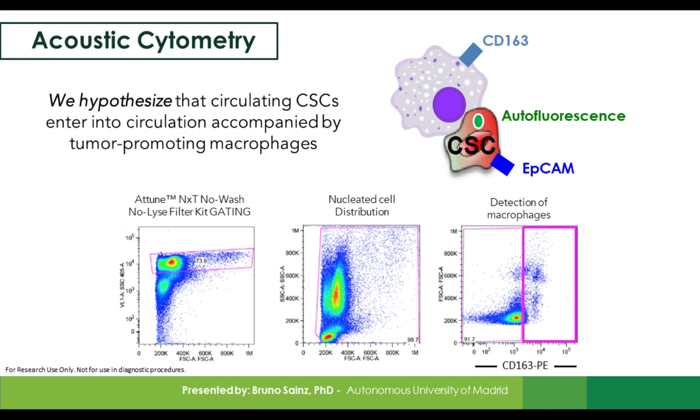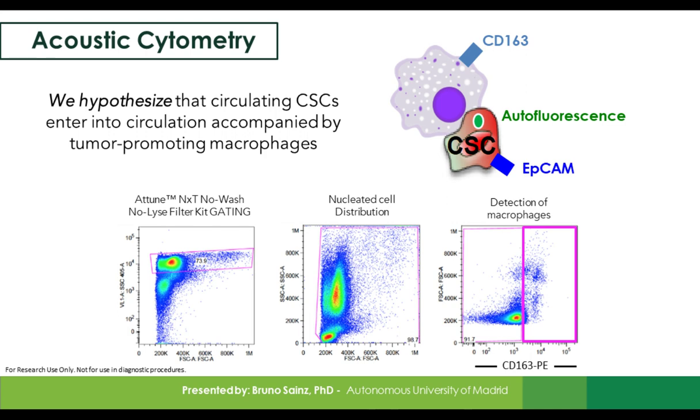So our main hypothesis, therefore, is that circulating cancer stem cells enter into circulation accompanied by tumor-promoting macrophages. And we wanted to apply this methodology to primary samples, usually using CD163 as our marker for the tumor-associated macrophages. And our two markers for the cancer stem cells and tumor cells would be autofluorescence and EpCAM, respectively.